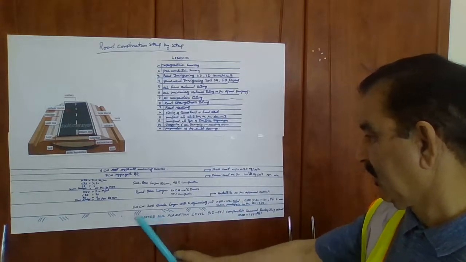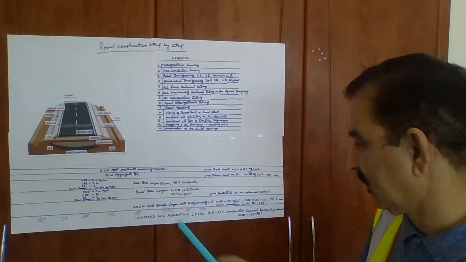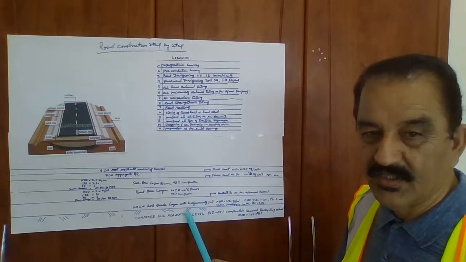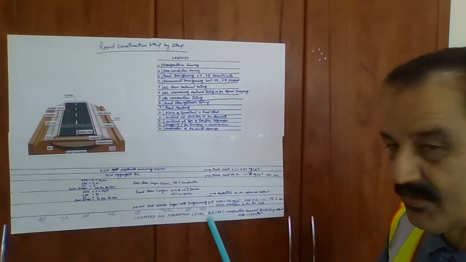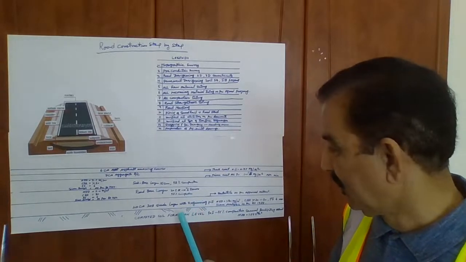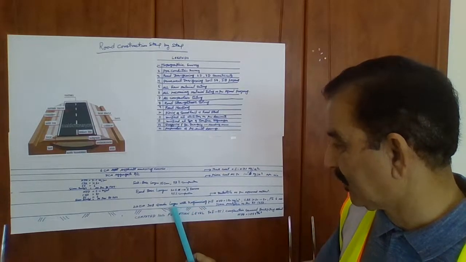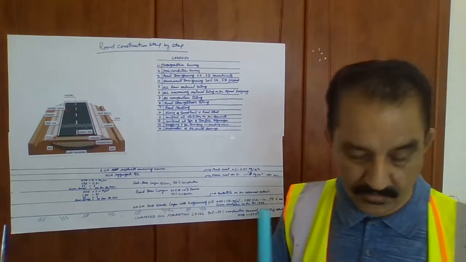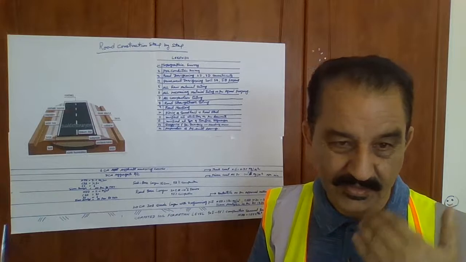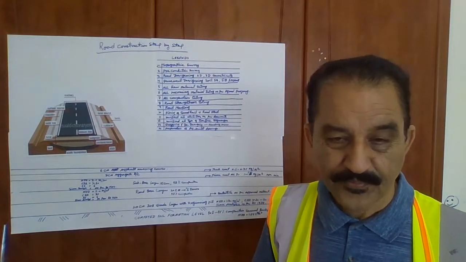This area is like this, and this is a natural ground, compacted formation. This is up to the formation level. Suppose here is up to the subgrade. We have the formation level. So the formation level should be compacted and tested layer by layer.